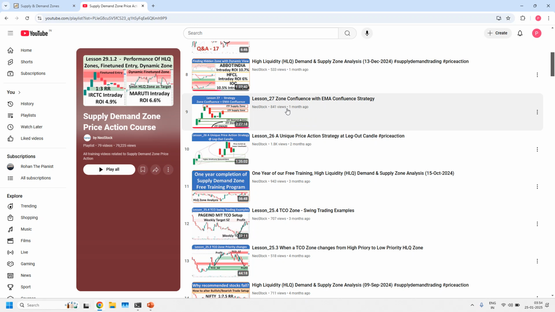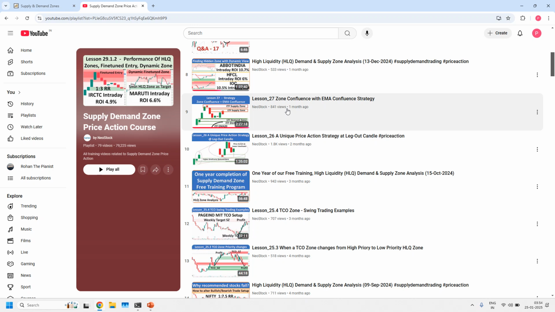After that, from the bullish and bearish trade setups point of view, you should complete lesson 23, lesson 24 and lesson 27. It is essential. Without completing these lessons, don't use the bullish and bearish trade setups generated by the NeoStock software. If you are using them, you may not be using them effectively.